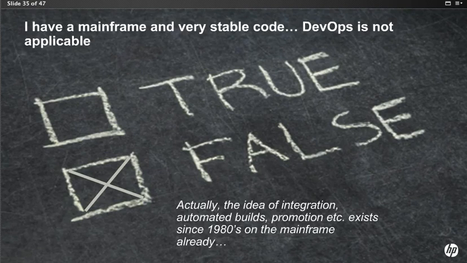Therefore it's also applicable to mainframe. As we said in the first slides, DevOps is about automating everything that is possible. So why not automate the tasks that belong to the mainframe?